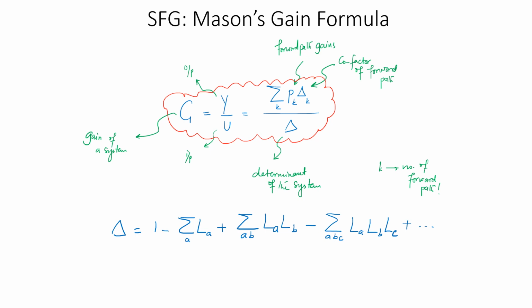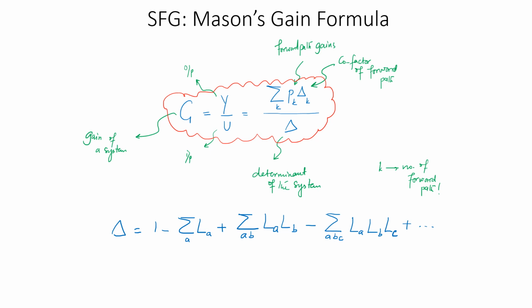So that is going to be the general formula to find out the determinant of a system. For simple signal flow graphs, this would not be that problematic, but once you have more complex systems, then obviously you need to be very cautious and careful to find out what the non-touching loops are and how different combinations can be constructed.